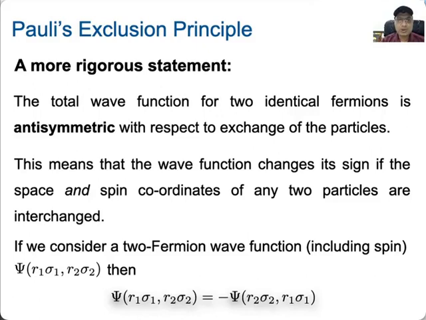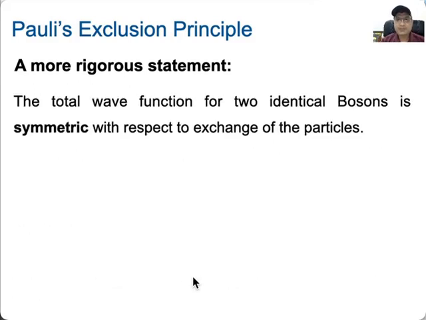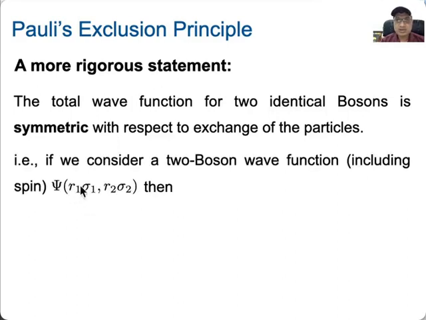If you talk about not only two but in general n fermions, the wave function has to obey this antisymmetric property. Now if we talk about bosons, and let's say you have two identical bosons, then their total wave function is symmetric in nature. Let's write down the two-boson wave function again as psi of r1 sigma 1 and r2 sigma 2, and if I exchange them, I'm not going to get a minus sign but a plus sign.